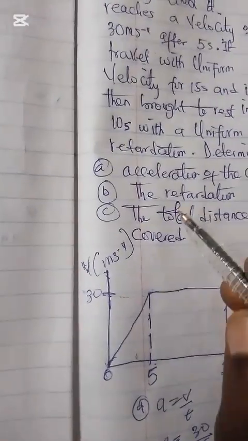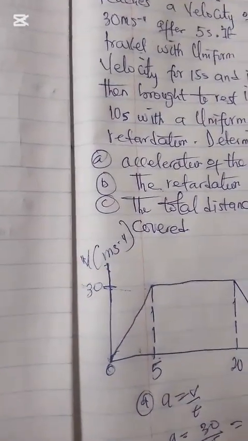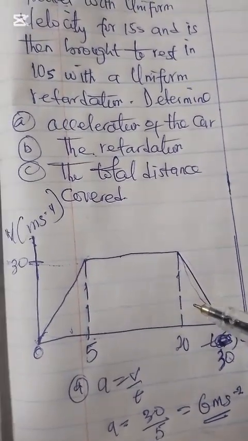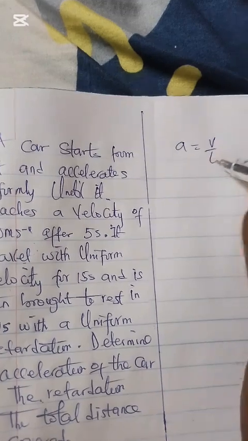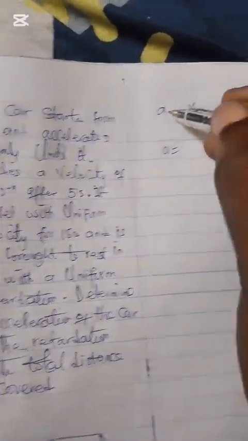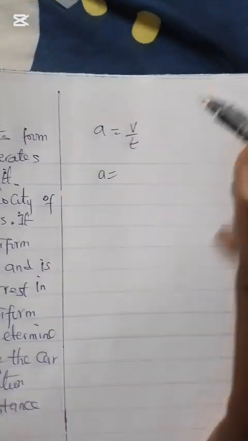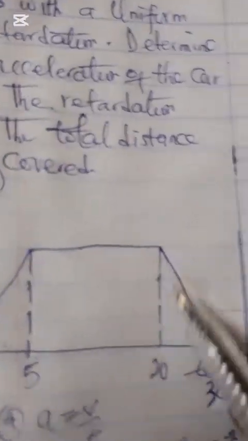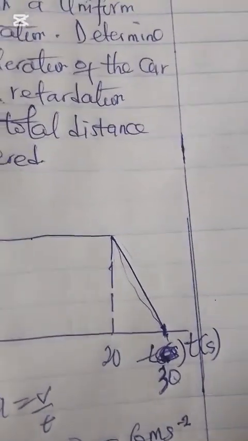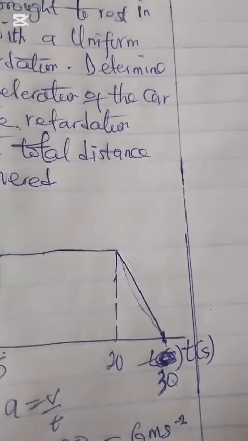Then next we have to look for the retardation of the car. So the retardation of the car will be this particular shape here. So retardation will be a equals v over t. Don't be confused with the symbol. The acceleration and the retardation have the same symbol. Just that you should know which portion of the shape is retardation and which is acceleration.